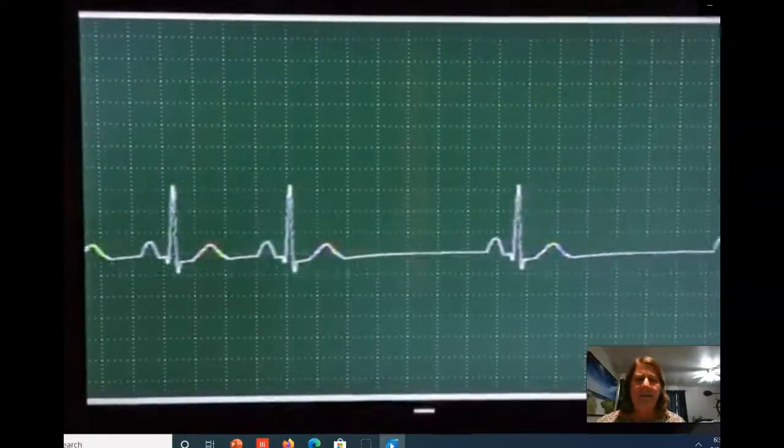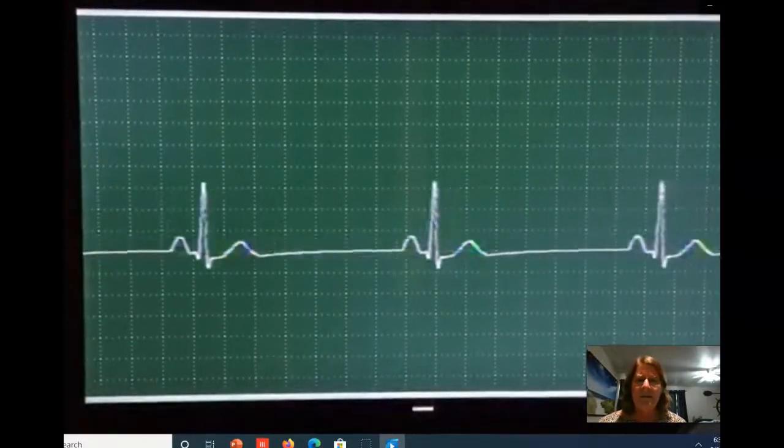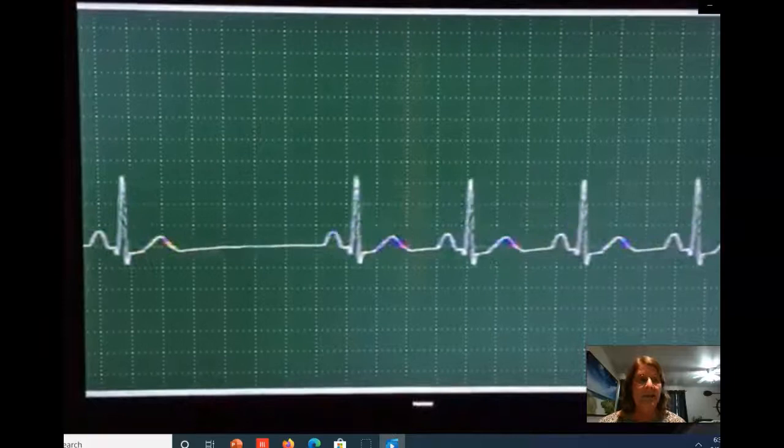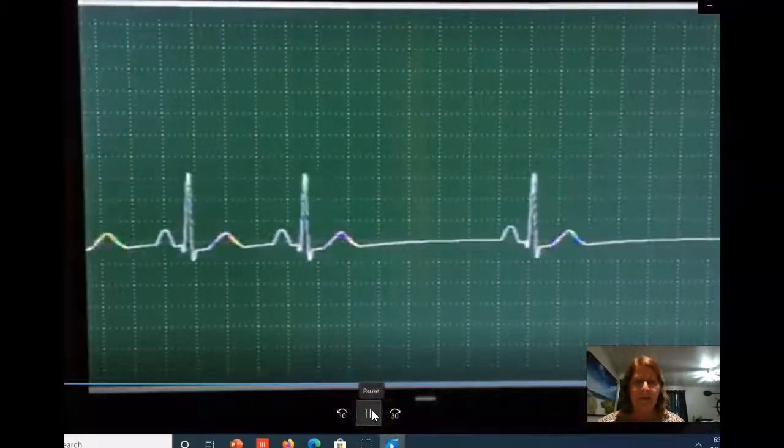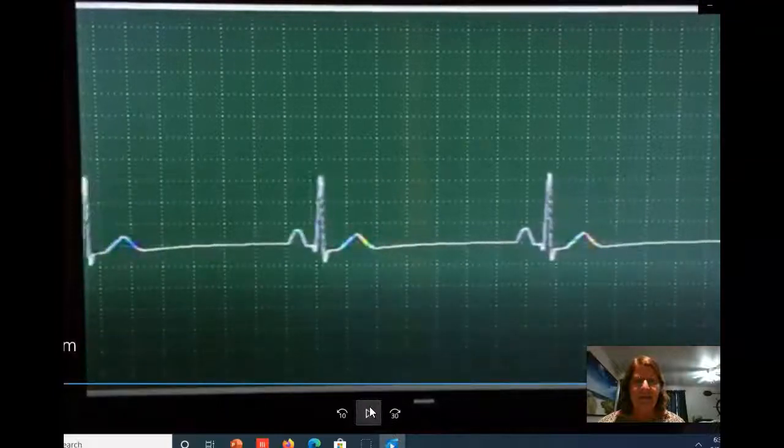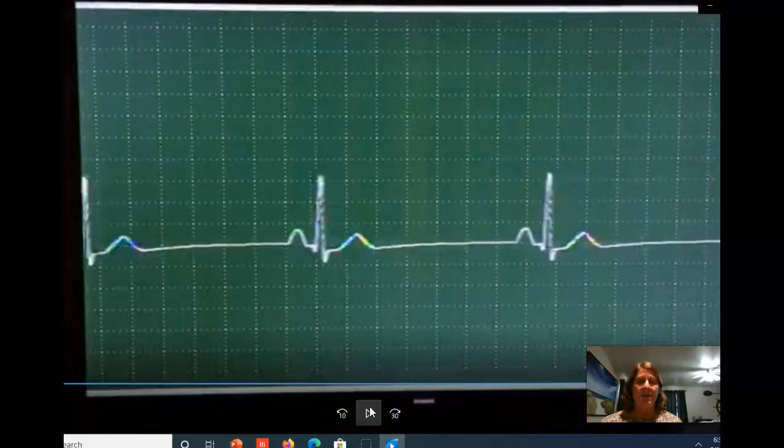And now this one that's coming across, it looks like it's slowing down. Now it looks like it's speeding up. Here it looks like it's slowing down again. And here it looks like it's speeding up again. So if you have something that's slowing down and speeding up, you have an irregular R to R, but you're still seeing that sinus P wave for each and every beat.